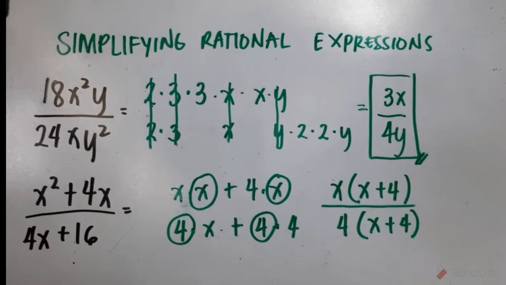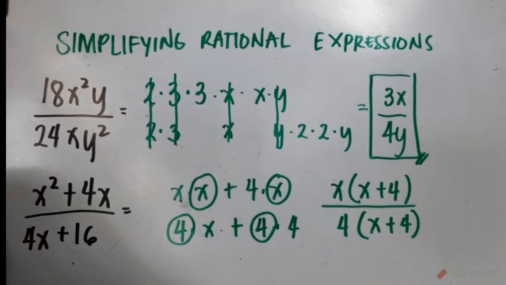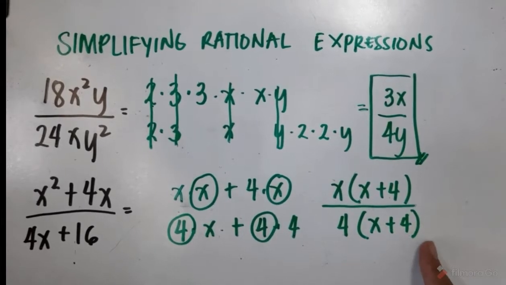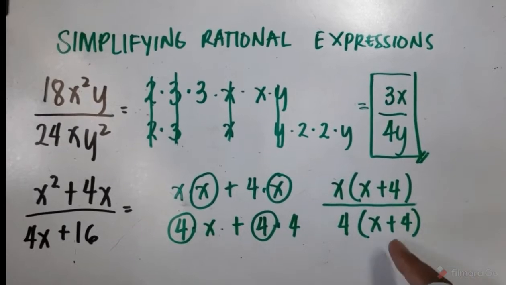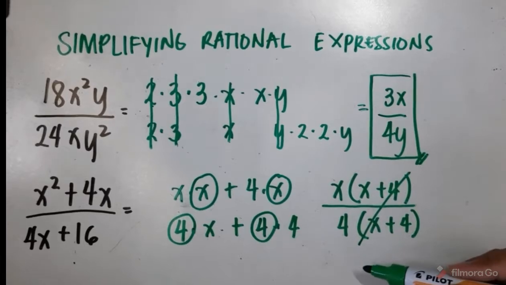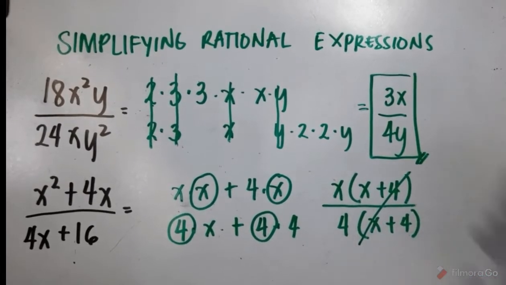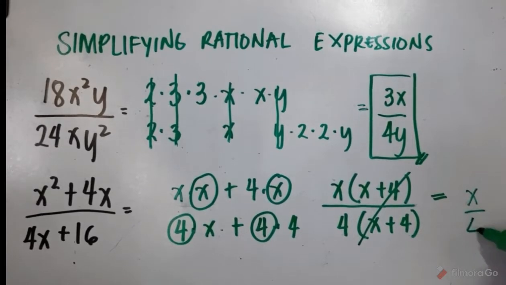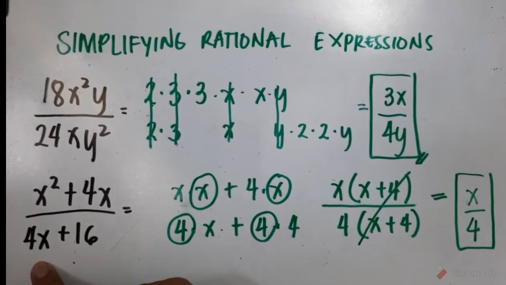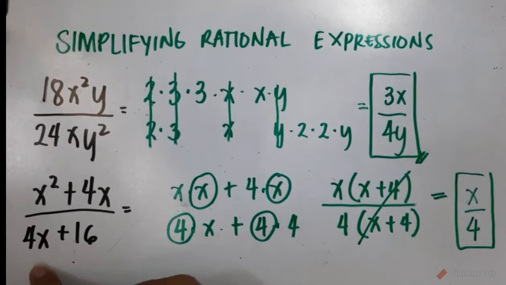So as you see now, we have the common factor, which is x plus 4 and x plus 4 in the denominator. So x plus 4 divided by x plus 4 is equal to 1. So we cancel this binomial. And what we have left is x over 4. So this is now the simplified expression of x squared plus 4x over 4x plus 16.